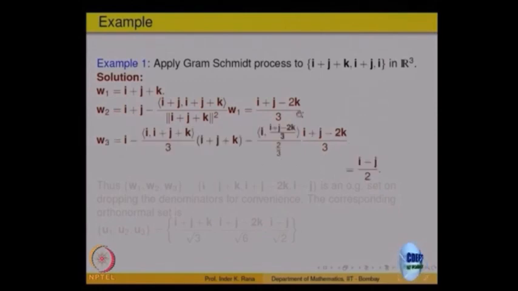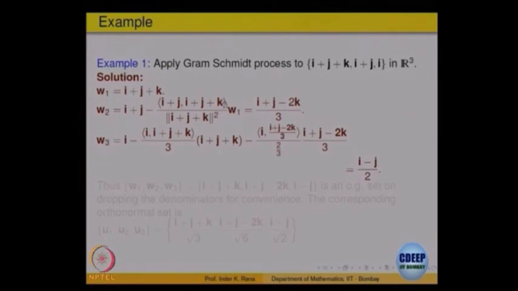So, i, that is the last one, minus the projection on i plus j plus k, minus the projection on i plus j minus 2k, this is W2. So, for W1 and W2, remove those two projections, and what you get, if everything is written correctly, is i minus j by 2.